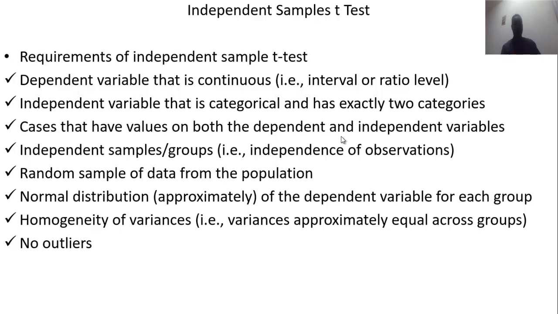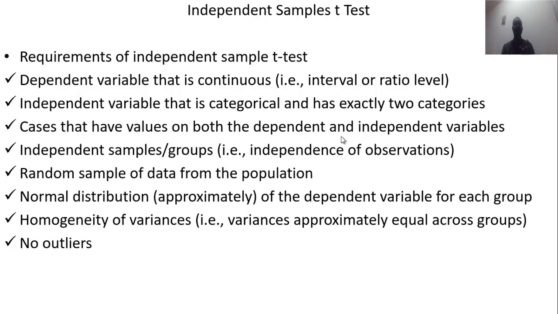Independent samples or groups, independence of observation. Another requirement to run an independent sample t-test is independence of observation, or independence of samples or groups. By this we mean that, for example, if we are using gender of the student as an independent variable, there are two groups, male and female.